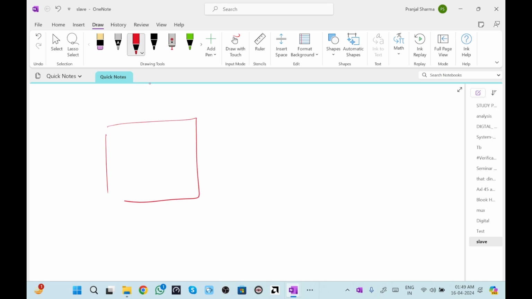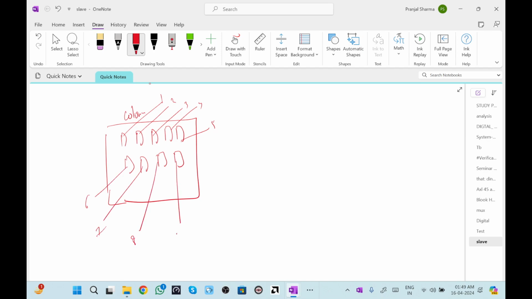Suppose this is a colony, and there are different houses, and the houses have addresses like 1 2 3 4 5 6 7 8 9.